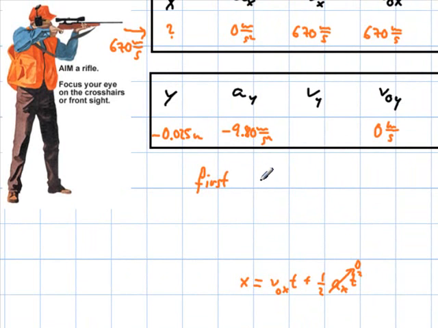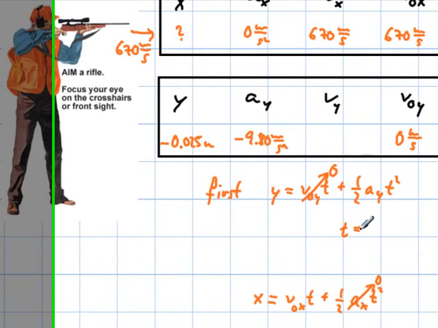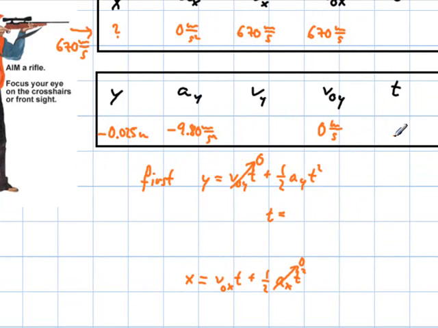We calculate first the time from the second part by actually using the same equation. So y equals v0y t plus 1/2 a_y t squared. And this one here is 0 because the initial velocity is 0. We solve for time on the second part here, so actually I'm going to make a question mark here.